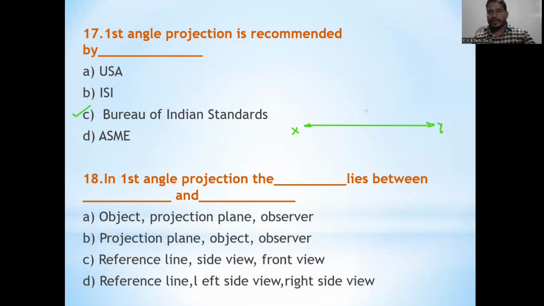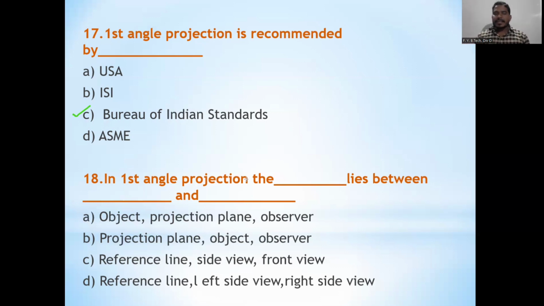But before that, we know that in case of first angle method of projection, the object is kept in the first quadrant. Suppose this is the vertical plane, this is the horizontal plane, and here is the observer, and in between the plane of projection and the observer, the object is there.